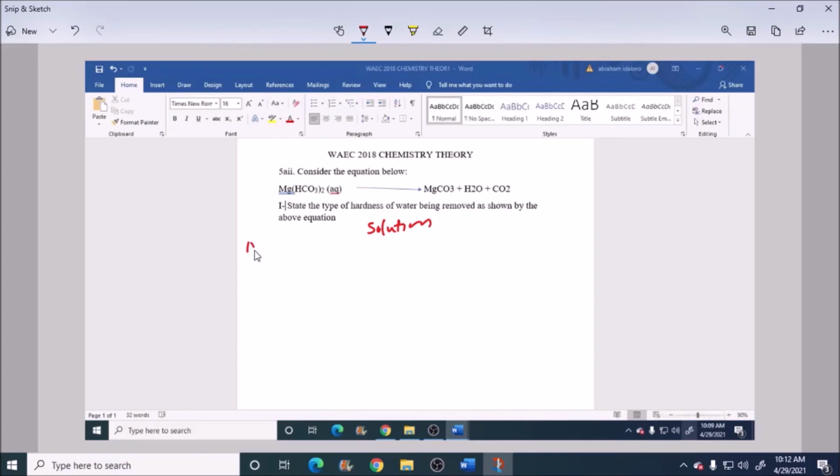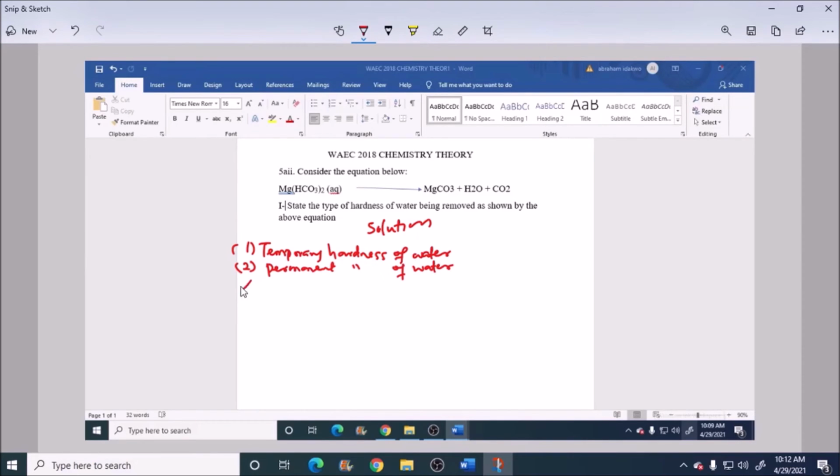Number one, we have temporary hardness of water. Number two, we have permanent hardness of water.